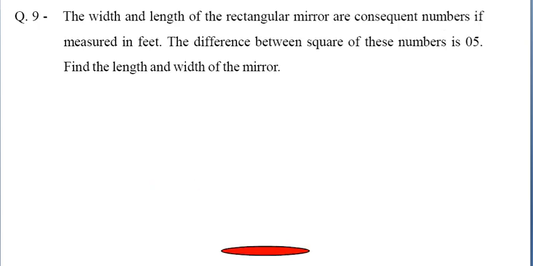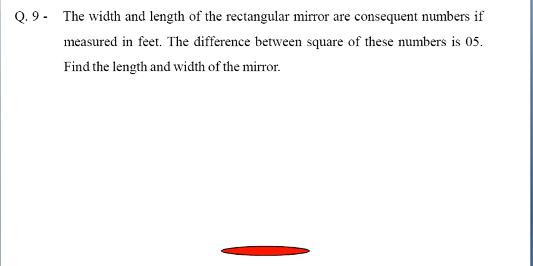Let us see the last question. In this question, the width and length of the rectangular mirror are consecutive numbers, if measured in feet. The difference between the squares of these numbers is 5. So find the length and width of the mirror.